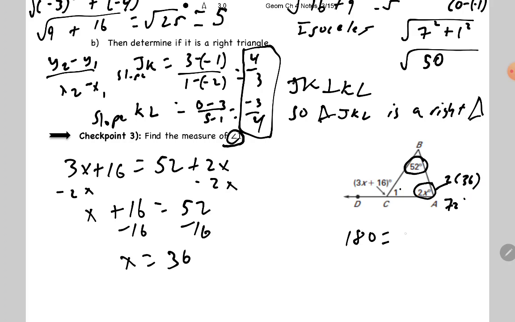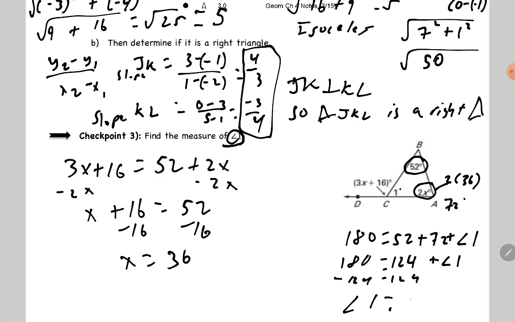So 180 equals 52 plus 72 plus angle 1. So 180 minus 124 will get me my angle 1, which is 56 degrees.